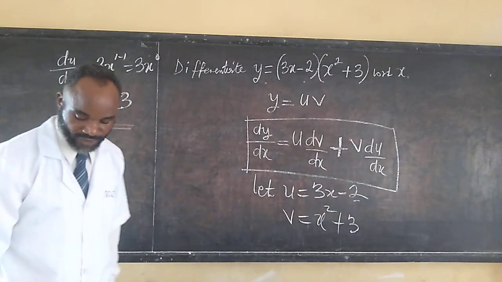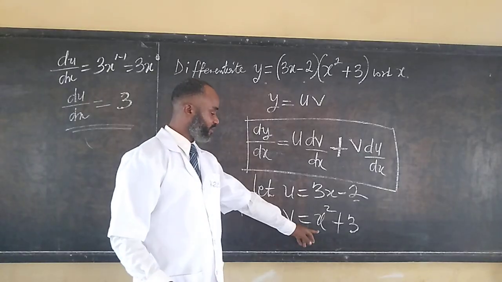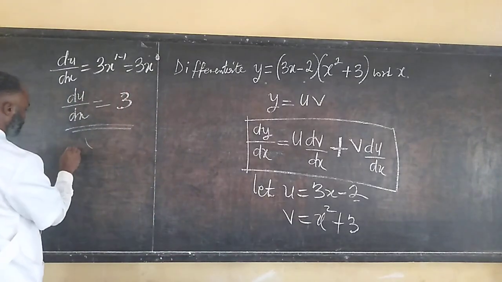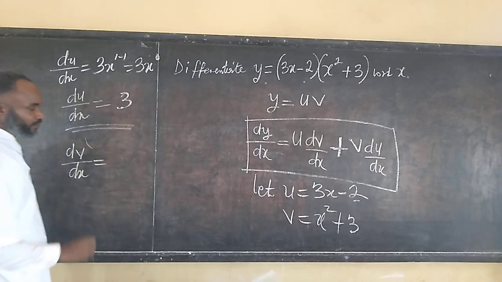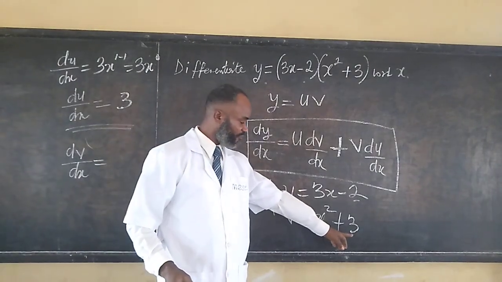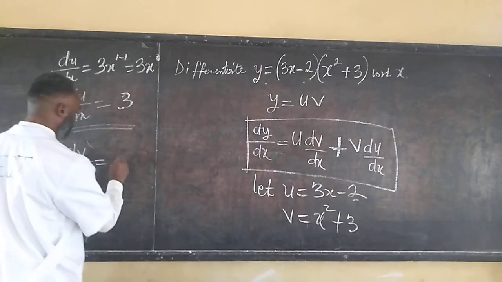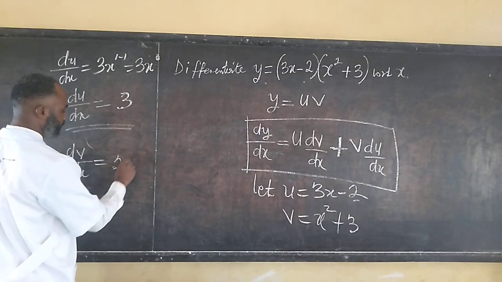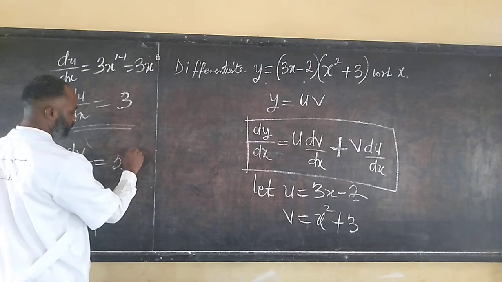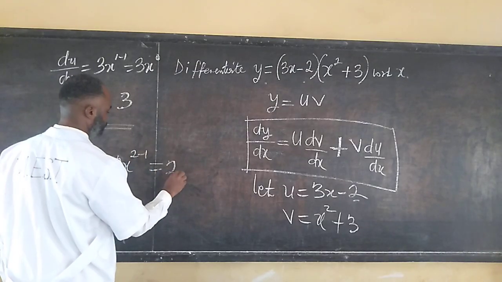Then the next step is to differentiate v with respect to x. And we go this way: dv/dx is equal to, differentiation of a constant term makes it vanish, and we have only x squared. That becomes 2x raised to the power 2 minus 1, and this will give us 2x.